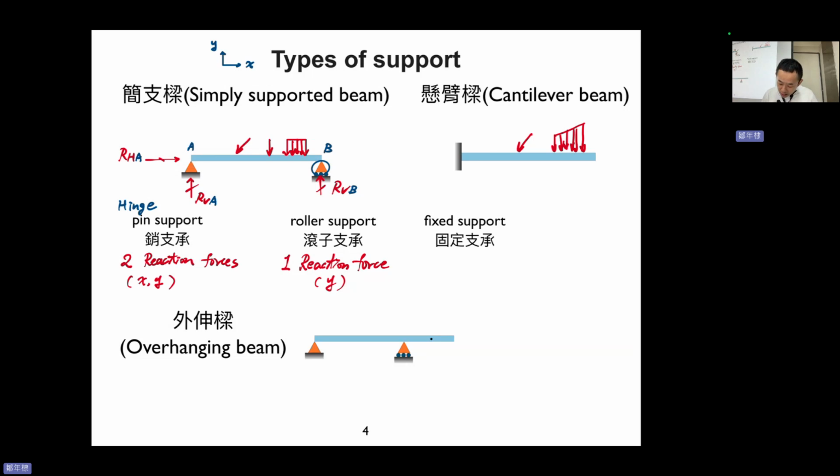For the fixed support, just imagine that your hand directly grabs the bar. So it cannot move left and right, no. Up and down, no. And rotate, no. But with a pin, yes, you can rotate. So with fixed support, you cannot do anything. All right, so it will give you fixed support reactions RV and RH.